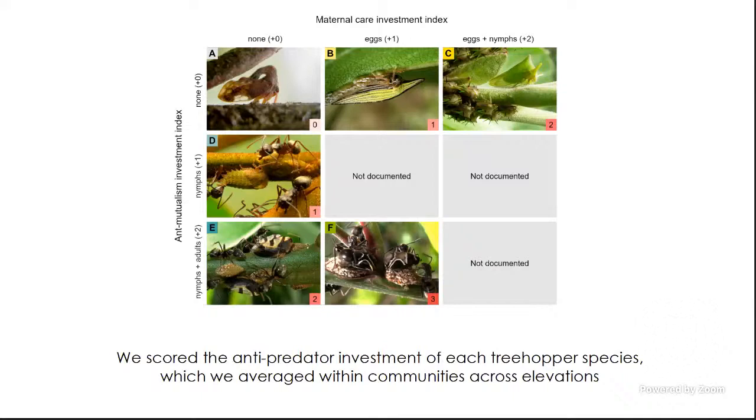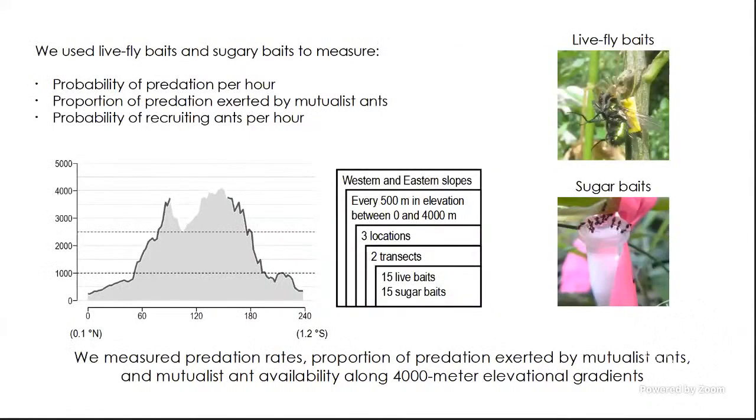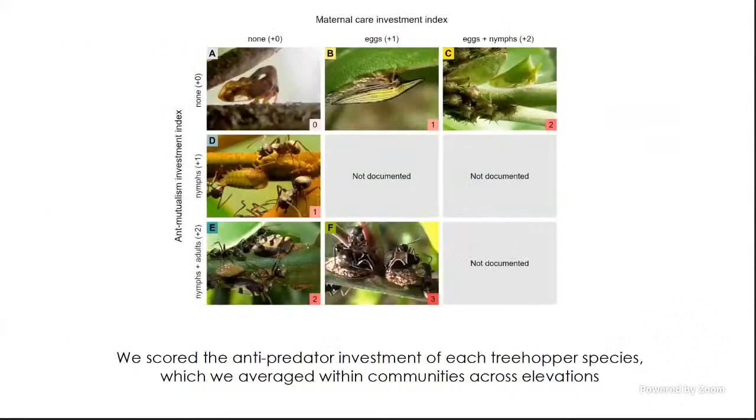As I mentioned before, the anti-predator investment of tree hoppers revolves around strategies involving combinations of maternal care and mutualism at different life stages. These strategies can be broadly categorized in the categories depicted in this table.